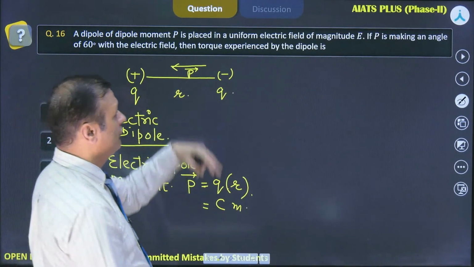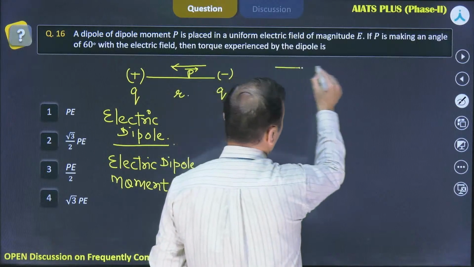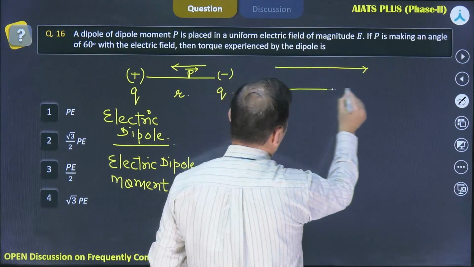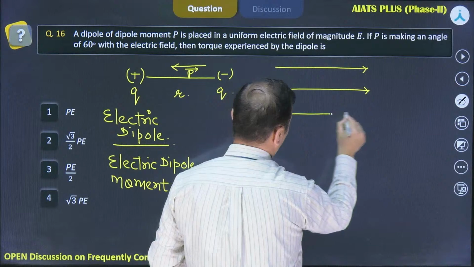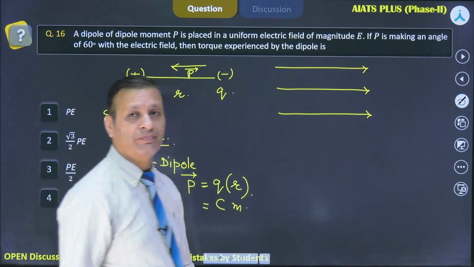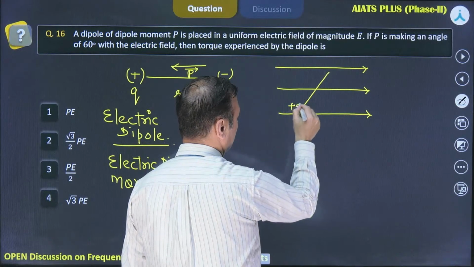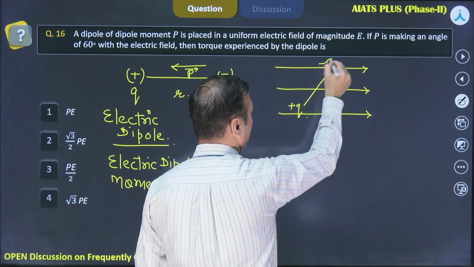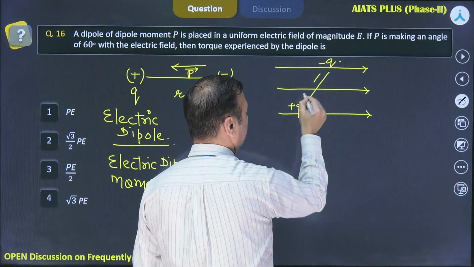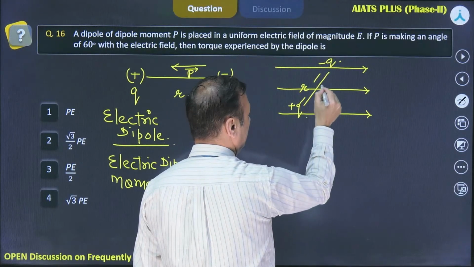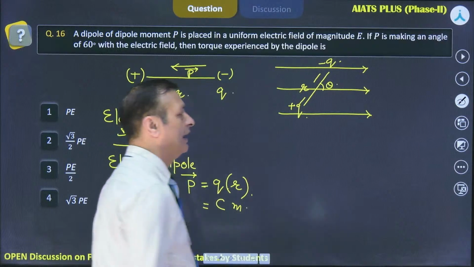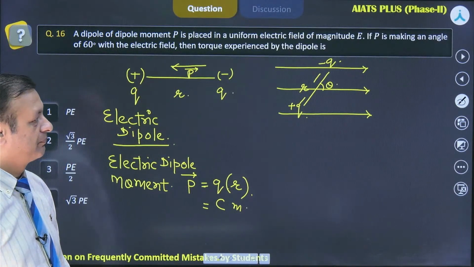Now when you place the same dipole in a uniform electric field, so you have a uniform electric field. Now place the dipole like this, and this is dipole length L, at an angle theta. Do we understand?